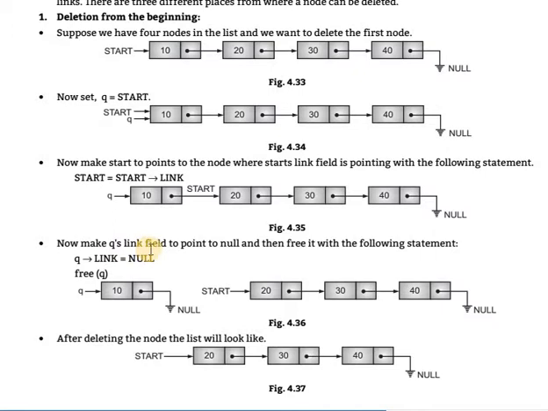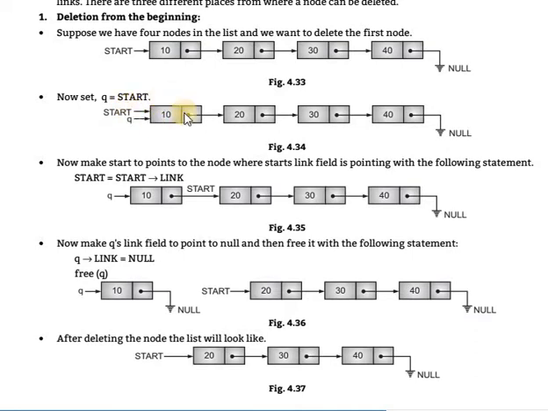Now make q's link field point to null and then free it with the following statement. When start link is assigned to start, initially 10 is the start and q is also the first element.